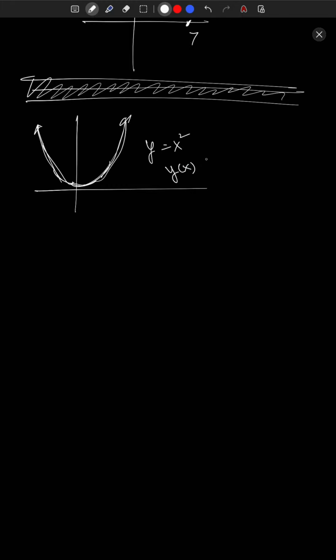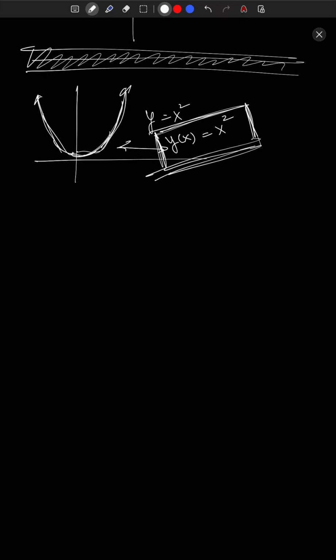I plug in x and I get the output x squared. I often want to do this because there are a lot of techniques for understanding things through functions. So anytime I can describe something in terms of a function, then I can study it very easily, especially using techniques from calculus.